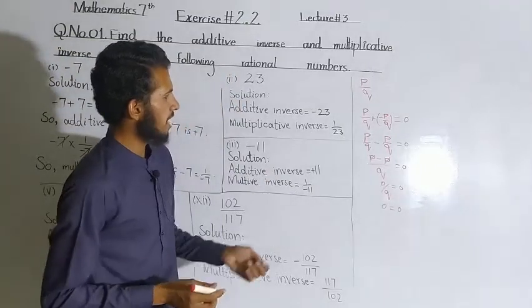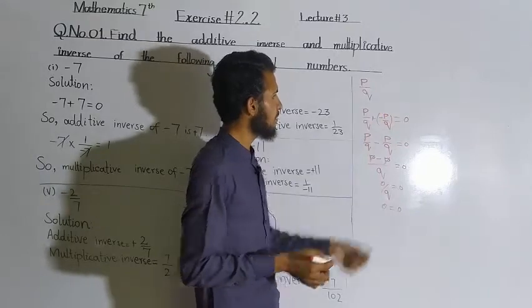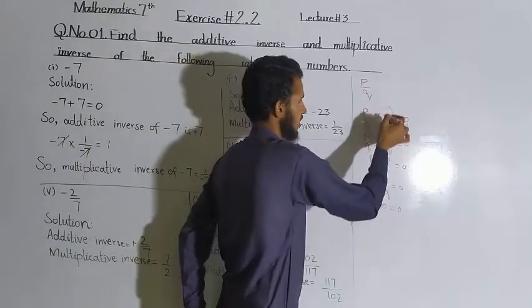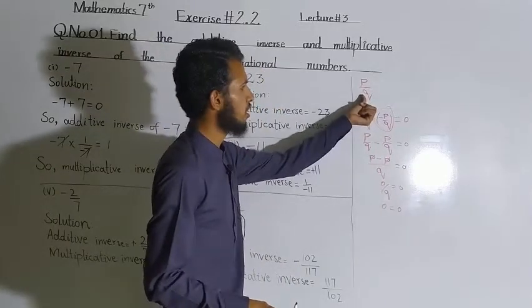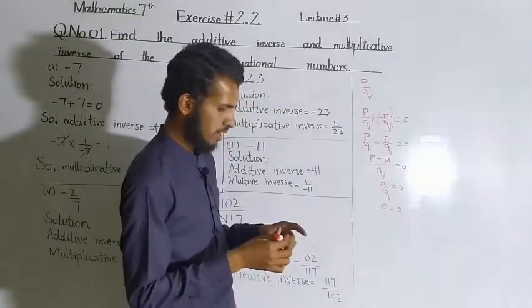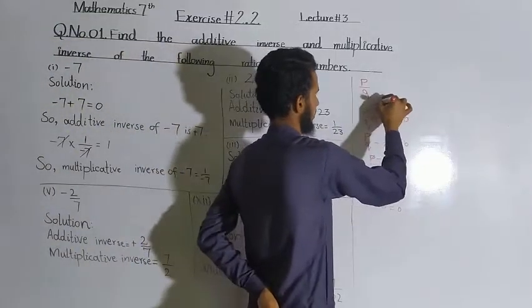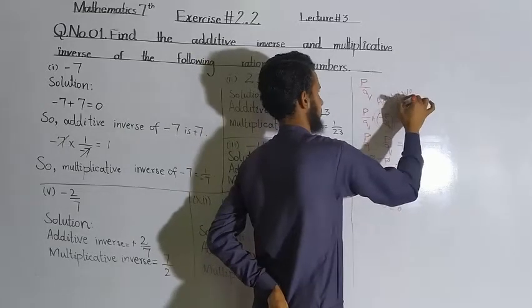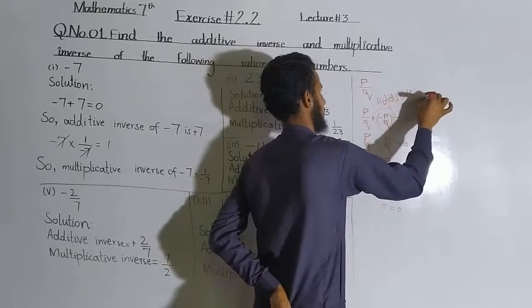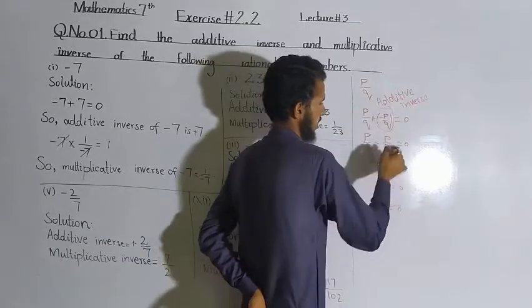So you can say that minus p by q is the additive inverse of positive p by q.